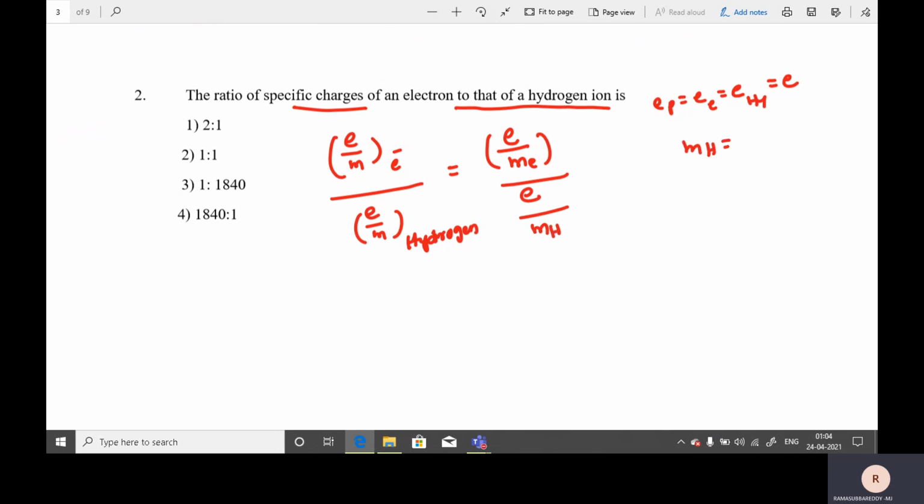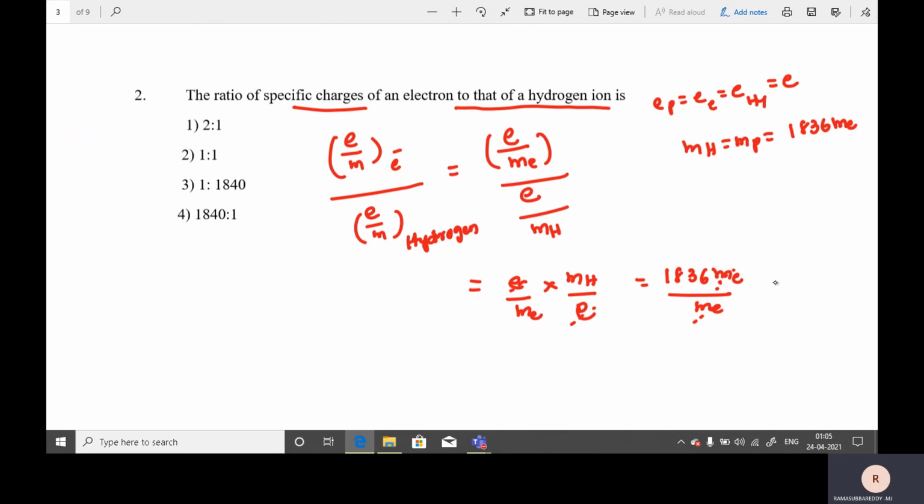So mass of hydrogen is equal to mass of proton, which is 1836 times the mass of electron. Then this is equal to e by me into mH by e. e gets cancelled. mH is equal to 1836 times the mass of electron, divided by mass of electron.